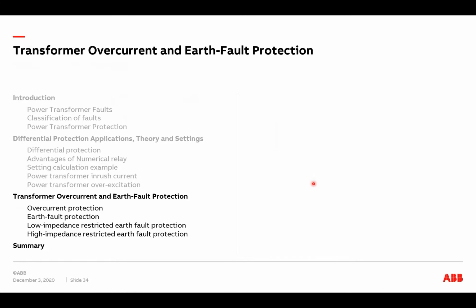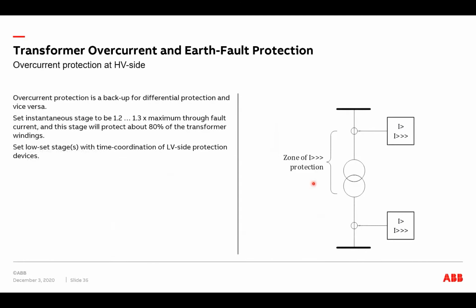So let's then have a look at overcurrent and earth fault protection. Now, as mentioned there in the beginning, we always need to have overcurrent protection as a backup for the differential protection.